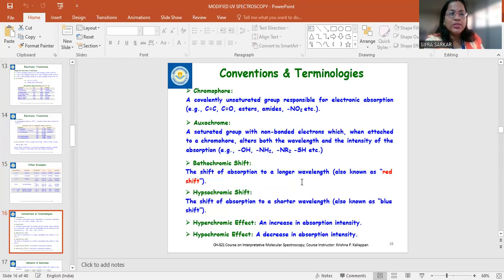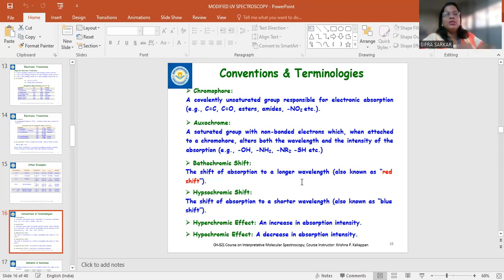Chromophore means a covalently unsaturated group responsible for electronic absorption. That means an unsaturated group that is covalently attached and responsible for electronic absorption, like C double bond O.